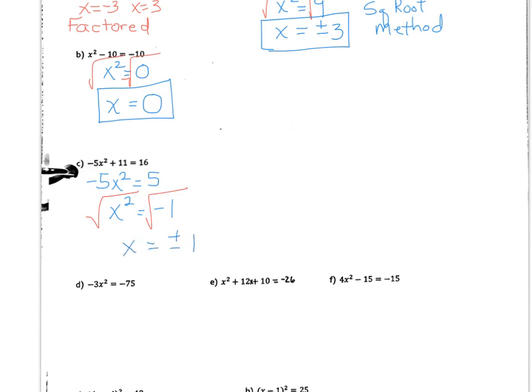But that doesn't work, because positive 1 times positive 1 is positive 1, and negative 1 times negative 1 is positive. So this would be no solution.